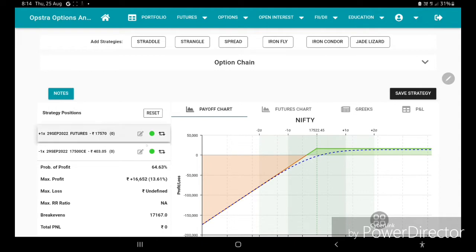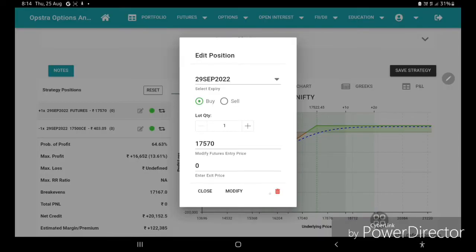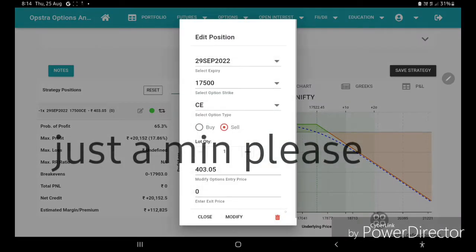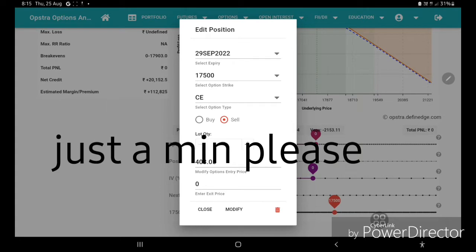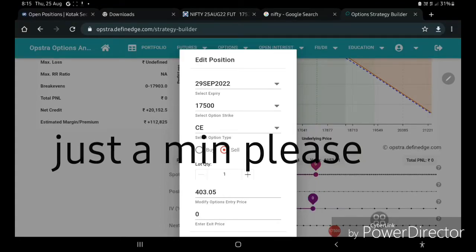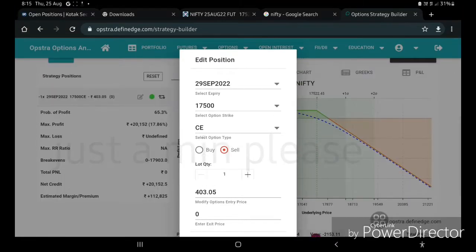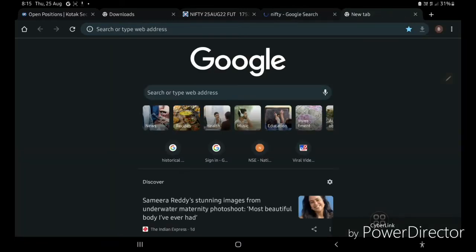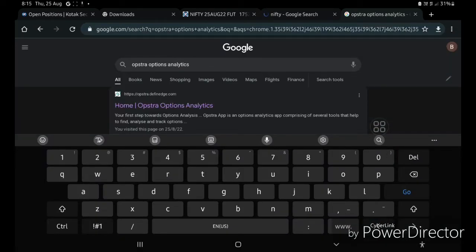Okay, let's remove the positions. Let us go to Opstra option analytics.